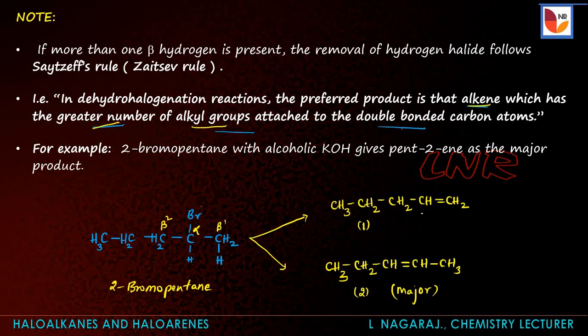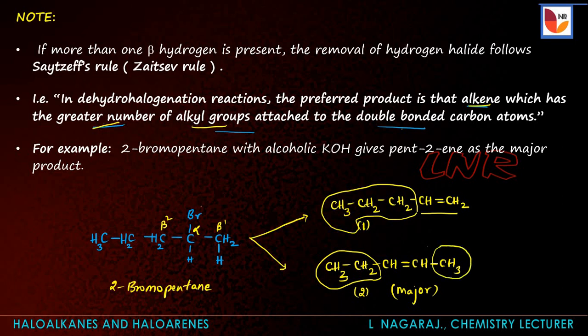In the first molecule, the double bonded carbon atoms contain only one alkyl group, but in the second molecule they contain 2 alkyl groups.